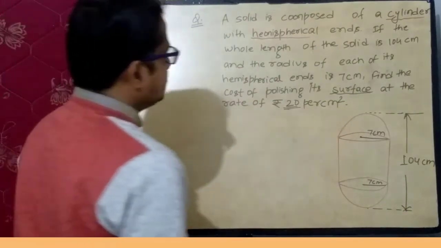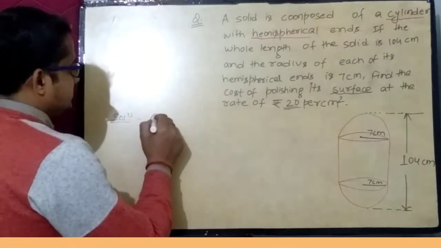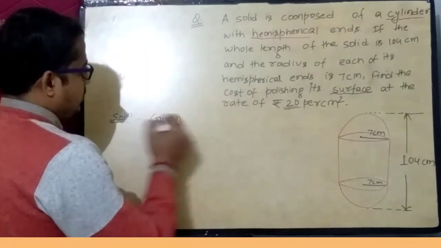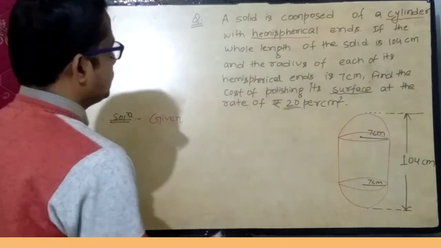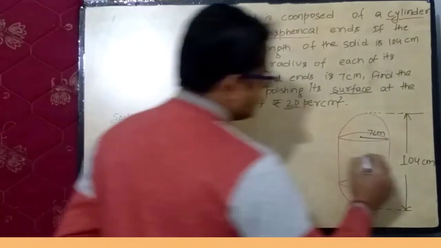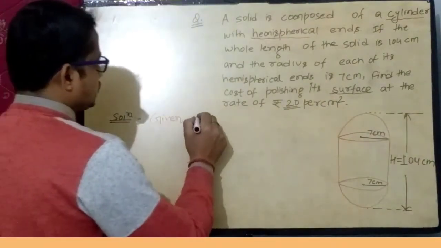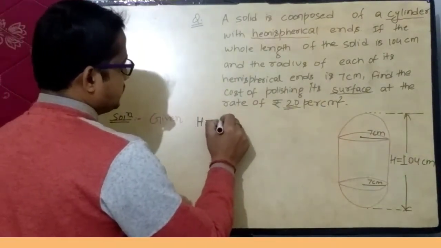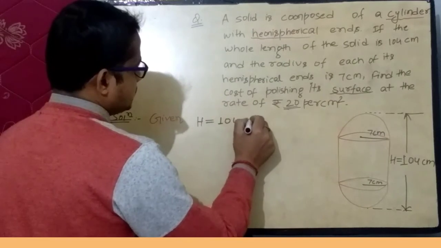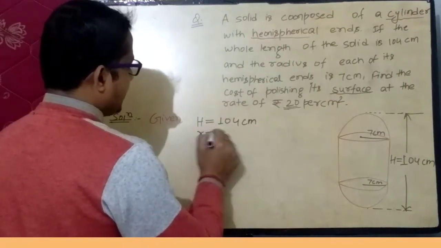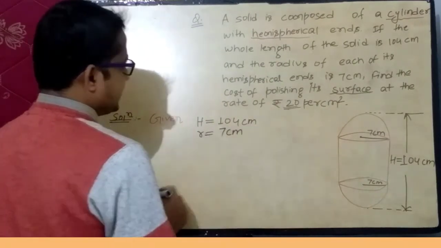First, what are the given data? Suppose capital H equals the height of this total object. So capital H equals 104 centimeter, R equals 7 centimeter.